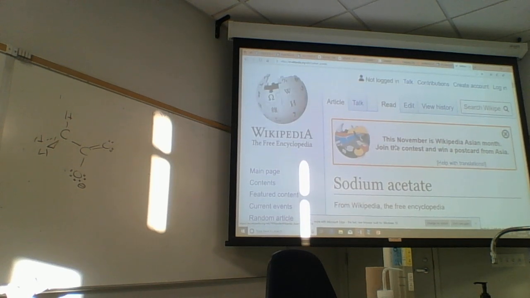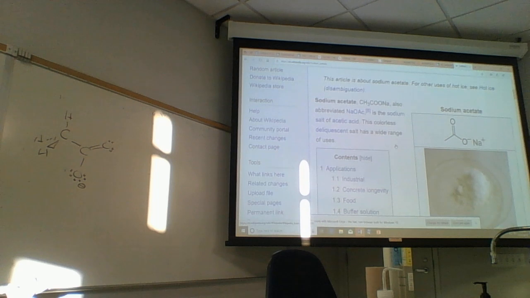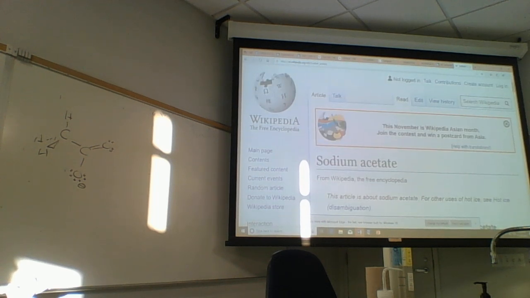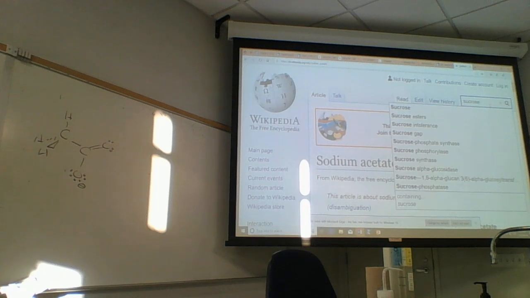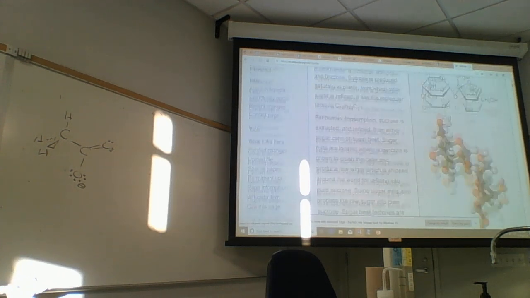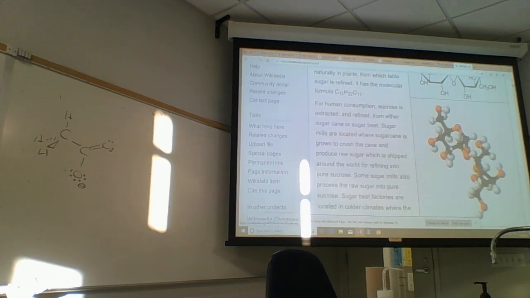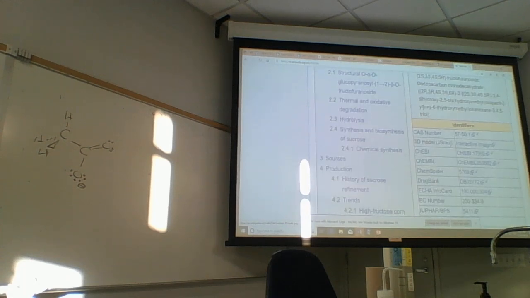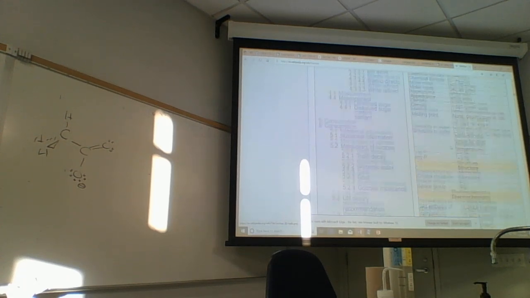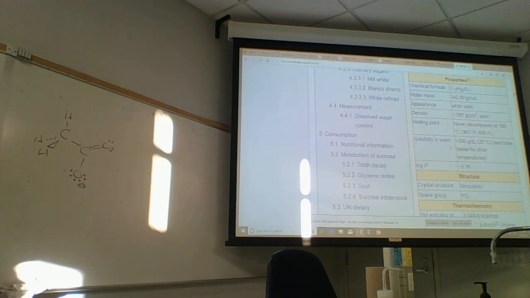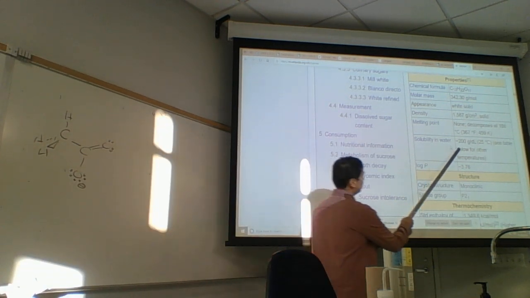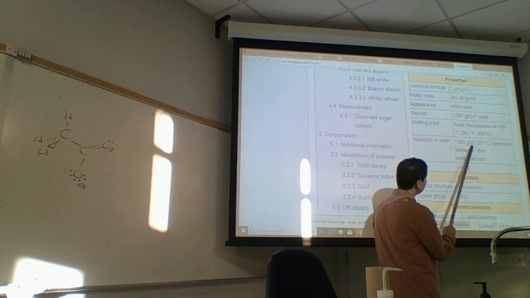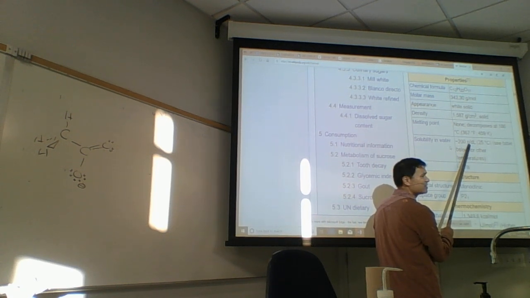Let's take a look at sugar. I'm kind of curious. Table sugar is called sucrose. So how much sucrose can we dissolve in water? It looks like we can dissolve 200 grams of sugar per deciliter. How much is a deciliter?